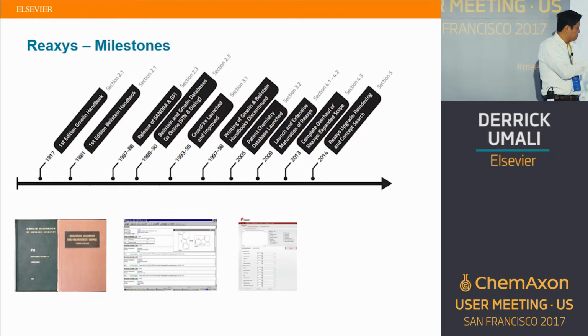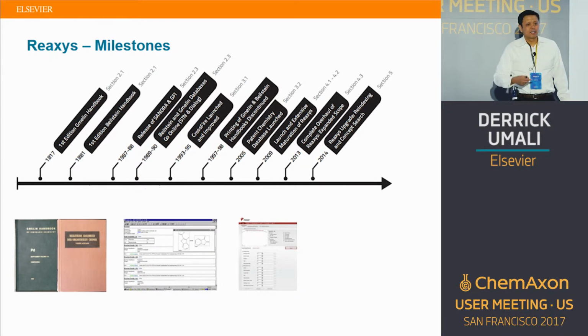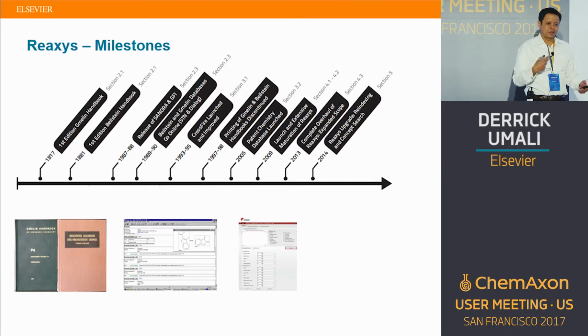We needed an online drawing tool, and I think Marvin Sketch was the first one we chose to implement in Reaxys. I remember having to relearn how to use ChemAxon Marvin Sketch, as opposed to ISIS Draw and things like that.